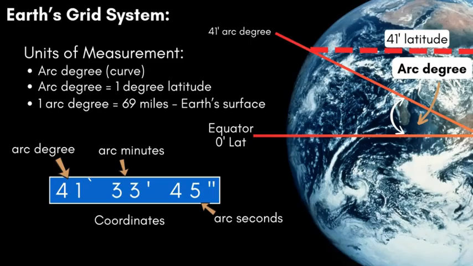So we have degrees first, then that is subdivided into minutes, or an arc minute. There are 60 arc minutes in 1 arc degree, and then we have 60 arc seconds in 1 arc minute. So we get these subdivided numbers allowing for increased accuracy of the latitude location, shown by these coordinates.